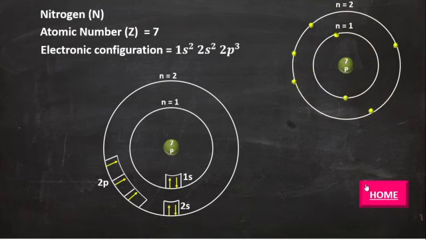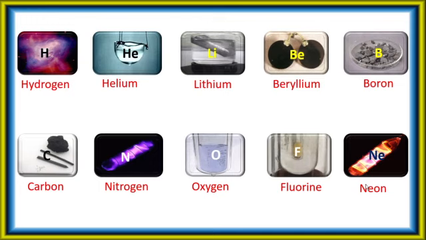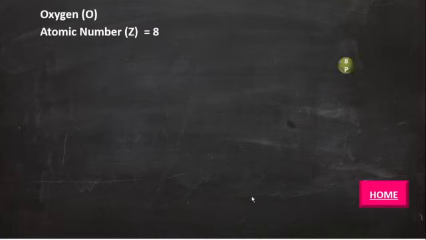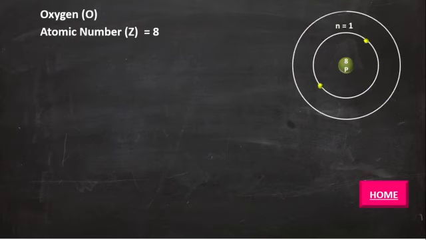Okay, next, oxygen O, atomic number Z equal to 8. It has 8 protons, 8 electrons revolve around its nucleus, 2 in the first orbit and the remaining 6 in the second orbit.